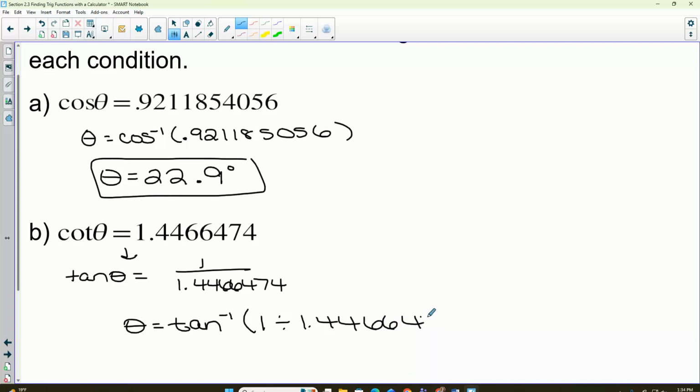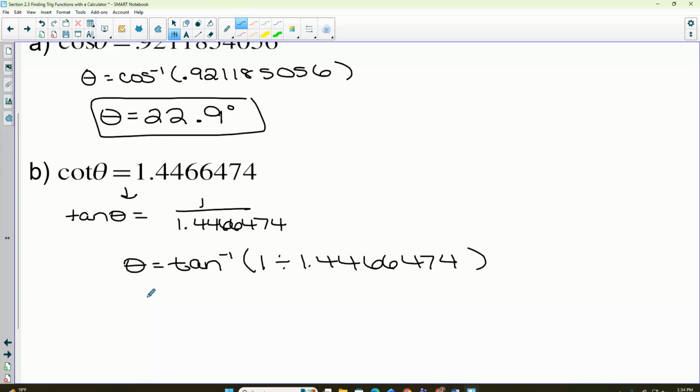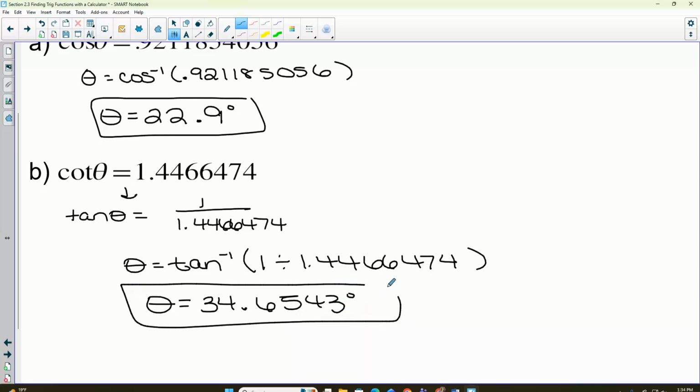So first you have to rewrite it with the tangent, then you can do the tangent inverse. So we get 34.6543 degrees. So when we do that inverse, we're getting an angle, so that's always in degrees.